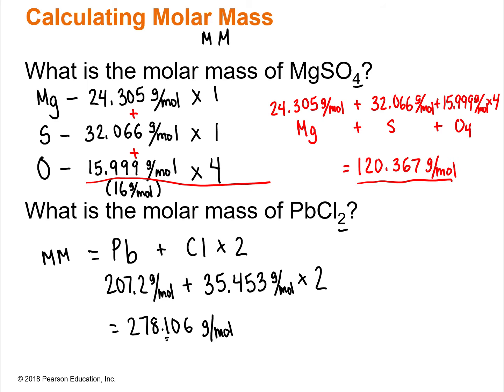So are we good on calculating molar mass? For me, no. You do not need to worry about sig figs per se for molar mass. Typically speaking, that's not the end of the question. So I'm not too concerned about it.